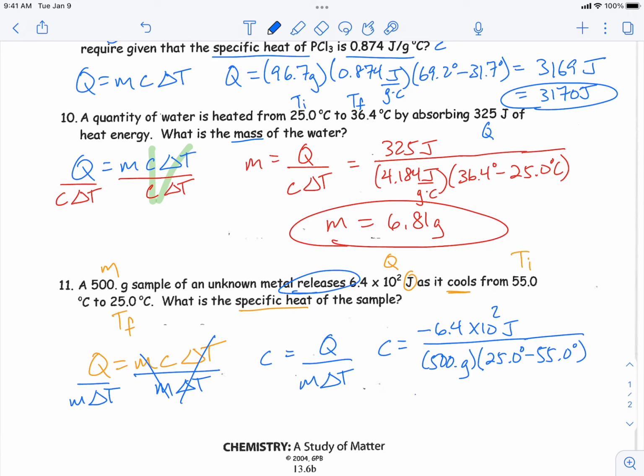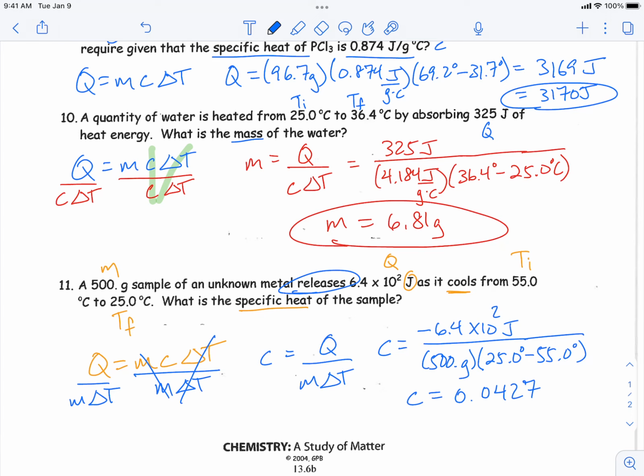All right, so our C value is, let's go ahead and calculate, negative 6.4 times 10 to the second divided by 500 grams divided by the quantity 25 minus 55. And we're getting a value of 0.0426 repeating.